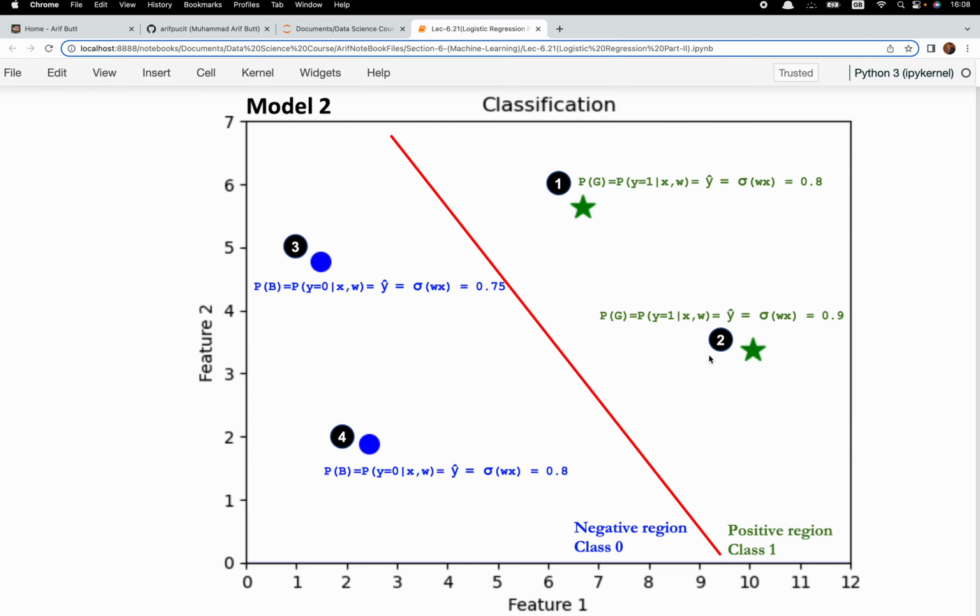And as the distance of a point from this line increases in the correct region, that is the positive region, its probability also increases. My dear friends, do not move ahead if these concepts are not clear to you. Rewind this part and watch again.